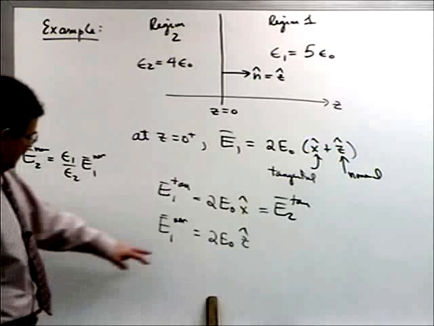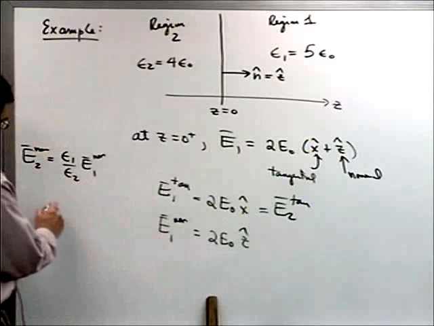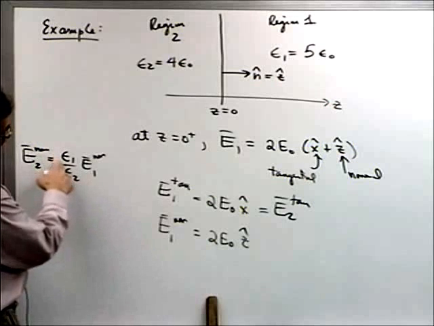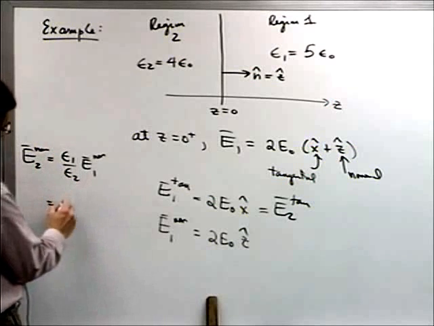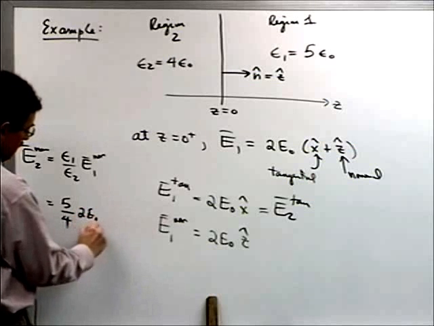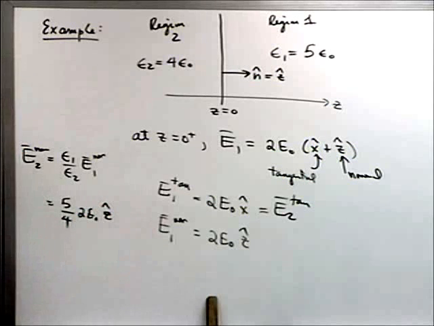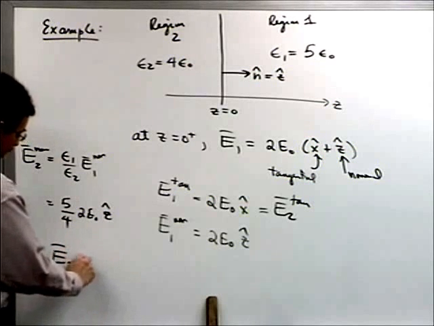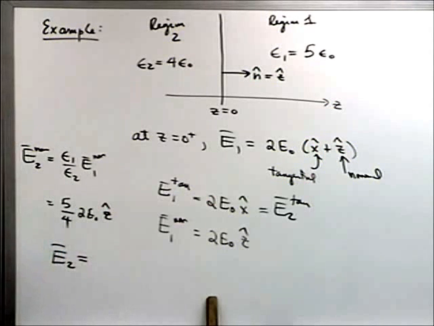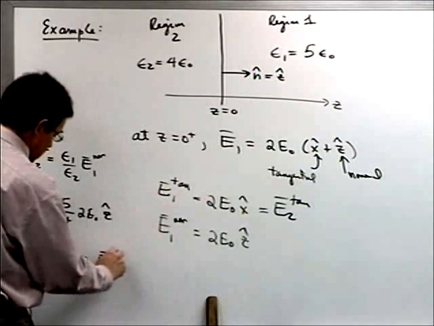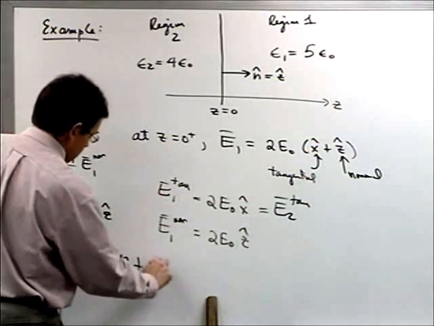Okay. So epsilon 1 is 5 epsilon 0, epsilon 2 is 4 epsilon 0, so we got a 5/4 in here times 2E0 times z hat. And my total E2 is going to be what? The sum of these, right? So that's E2 tangential plus E2 normal.